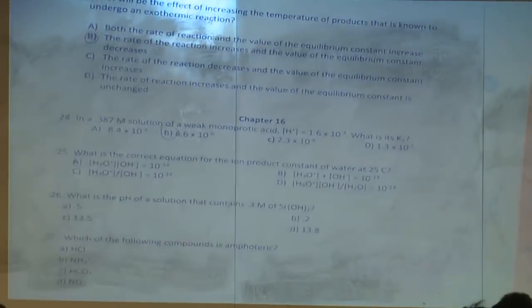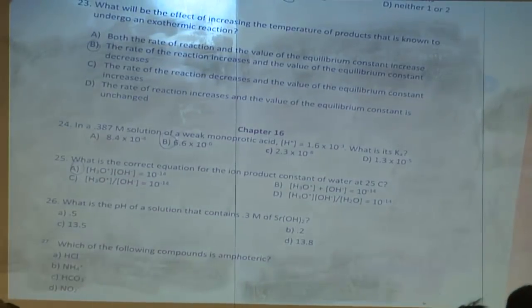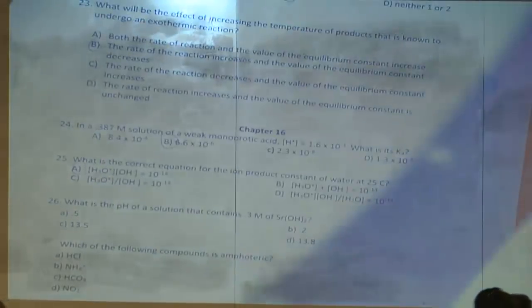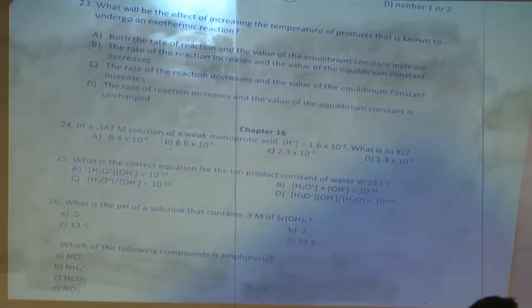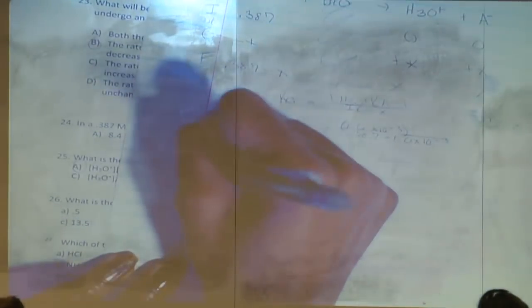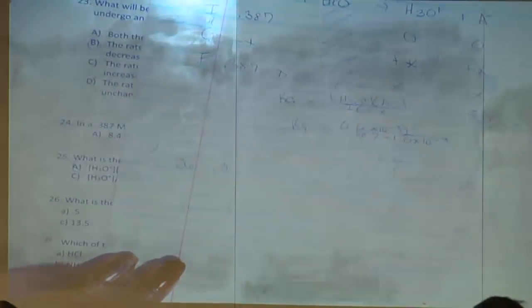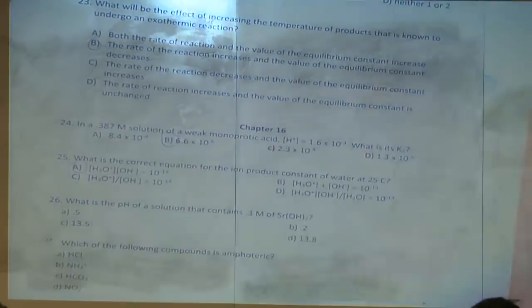All right. Now 26, we're looking for the pH of a solution containing a strong base. Because it's a strong base, it's going to completely make all of those OH ions. But we're going to do 0.3 times 2, because this is strontium.